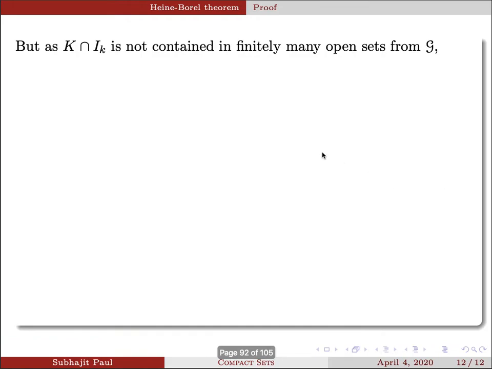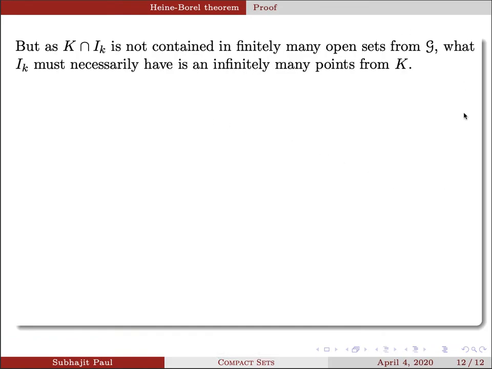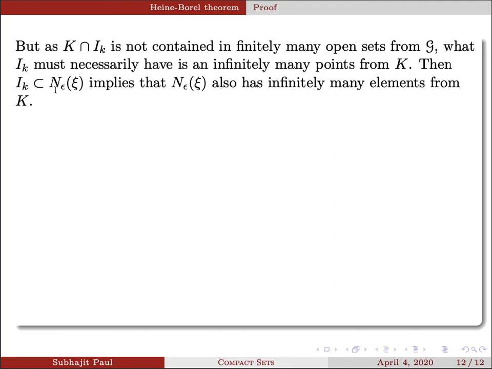So K intersection Ik is also not contained in finitely many open sets from G. In that case, Ik must necessarily have infinitely many points from K. If this has finitely many points, then there is no point of using infinitely many open sets from G. Then Ik, which is inside the epsilon neighborhood of xi, implies that the epsilon neighborhood of xi also has infinitely many elements from K. Since epsilon is arbitrary, xi is a limit point of K.